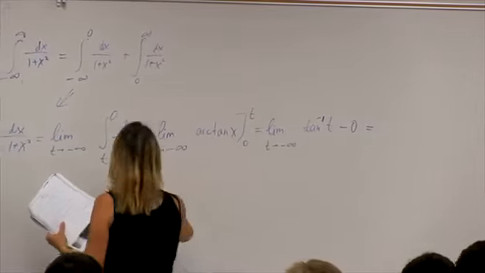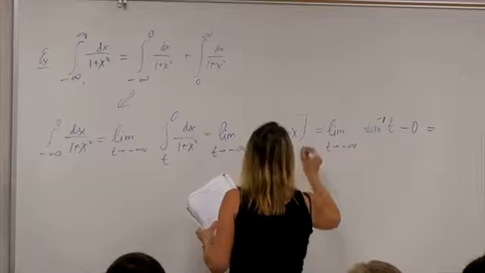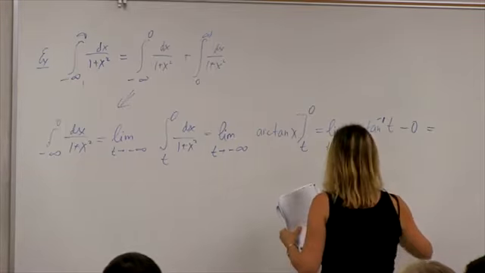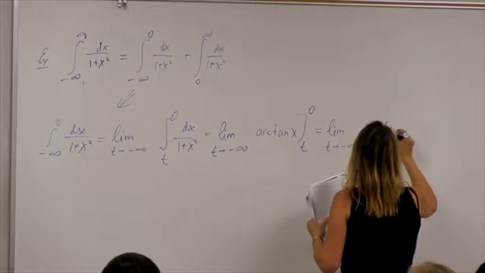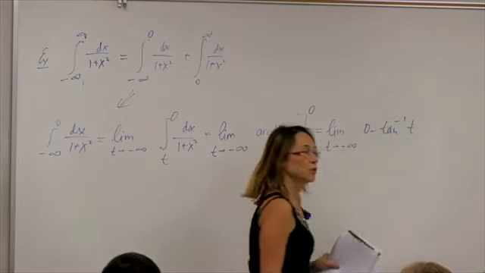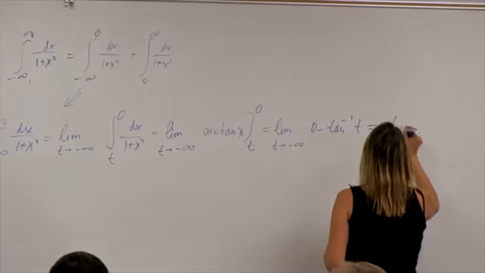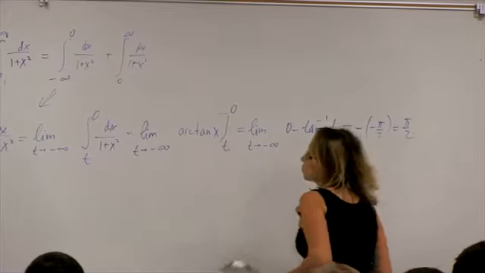Except I exchanged the limits of integration. So it's 0 minus arctangent of t, like this, sorry. So it's minus negative pi over 2. It's pi over 2.